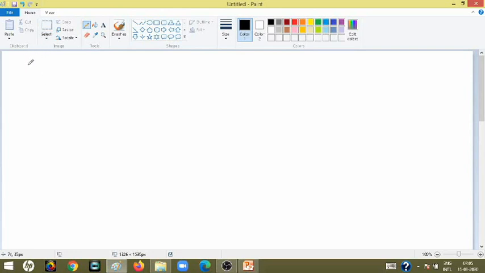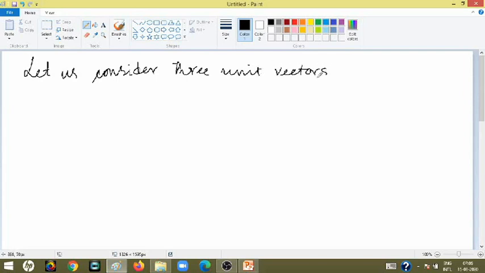Now consider three unit vectors. This is the x-axis, this is the y-axis, and this is the z-axis.